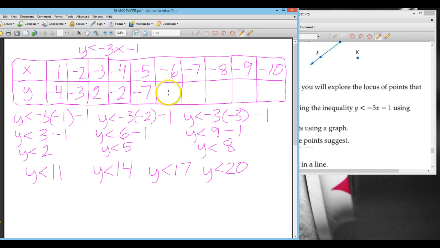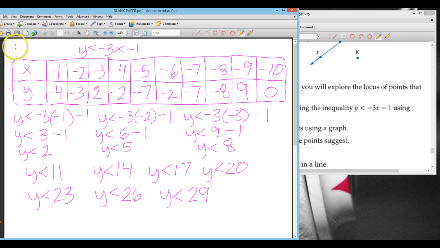So for -6, we want a number less than 17, -2 is less than 17, for -7, less than 20, -7 is less than 20, and we've got 3 more, so up by 3s, y is less than 23, y is less than 26, and y is less than 29. So less than 23, -8. Less than 26, 9 is less than 26. Less than 29, 0 is.